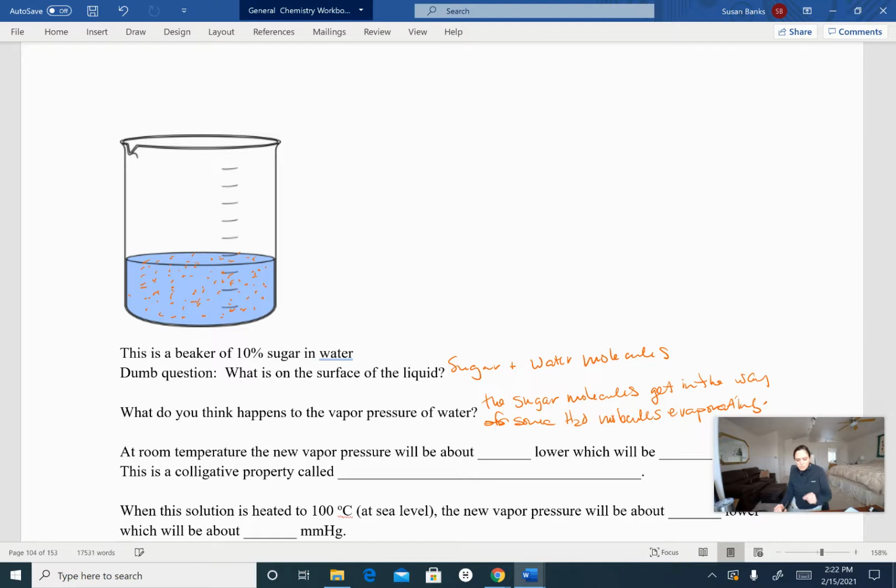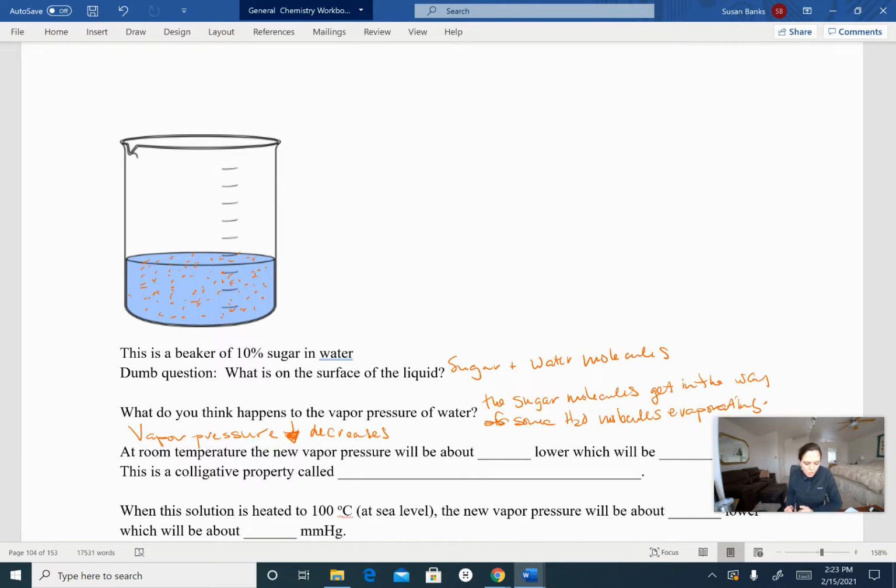And because the sugar molecules get in the way of some of the water molecules evaporating, that means the vapor pressure of that solution, we've got a mixture now, will go lower. So the vapor pressure decreases, or it's depressed.